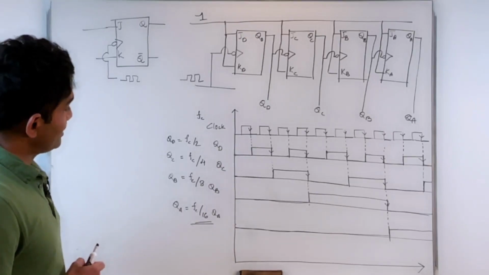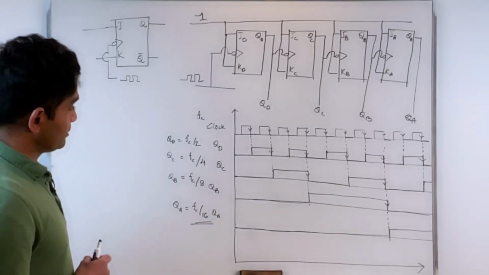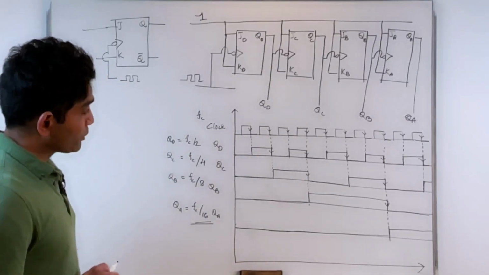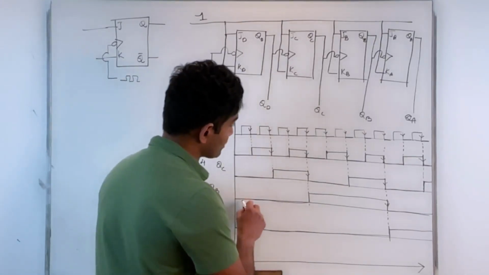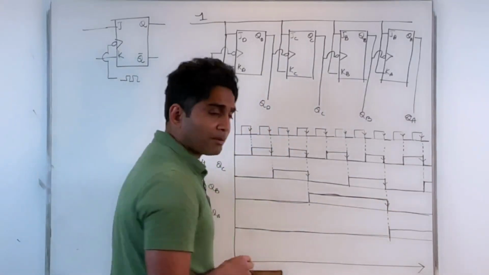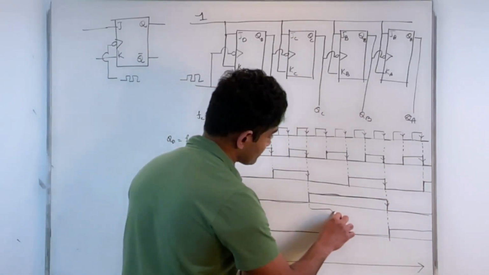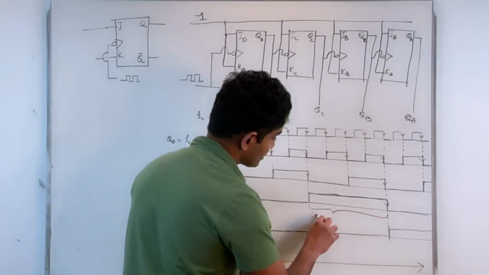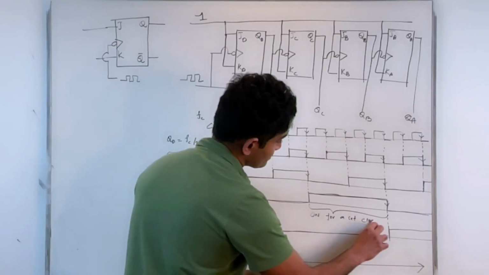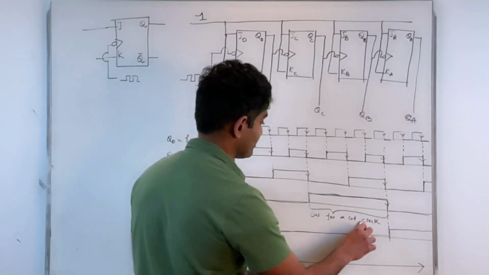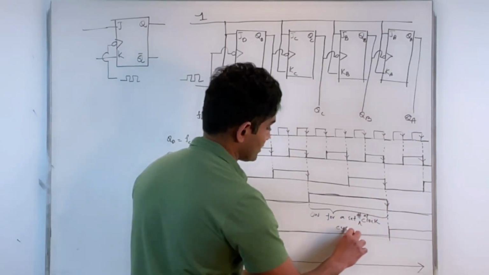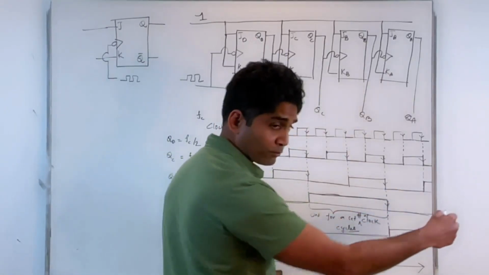Okay. And what else can we use these for? Again, as you can see here, each of these signals is on for a set number of clock cycles, and off for a set number of clock cycles, right?